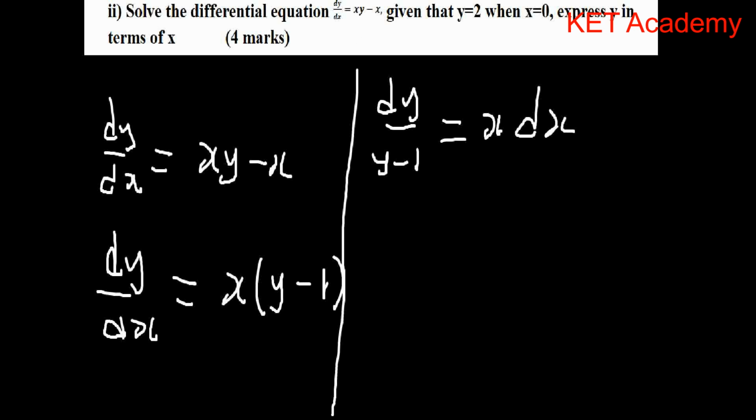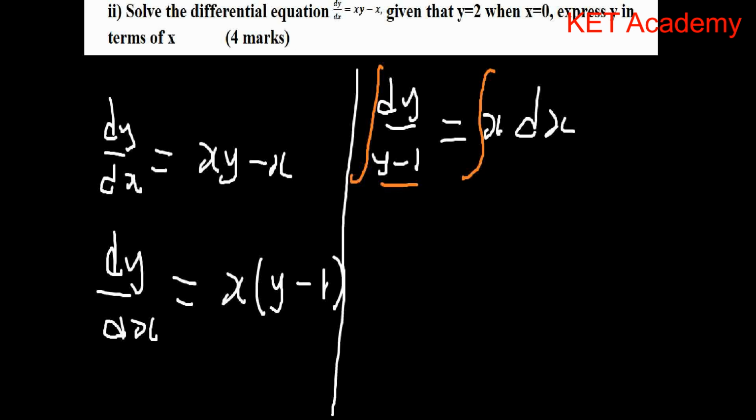So here we're going to take our integral sign. This is what we will need to integrate. Now the integral of 1 divided by y minus 1, we discover that differentiating the denominator y minus 1, we get 1, right?